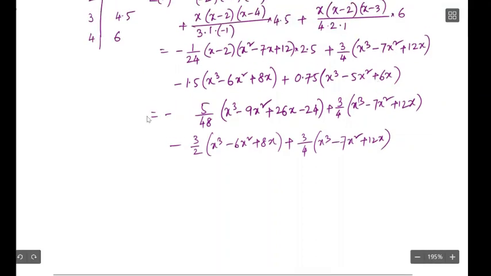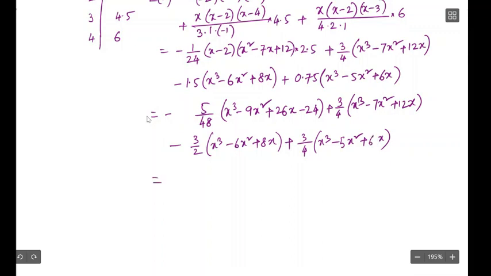No, sorry, x cube minus 5x square plus 6x, this one.